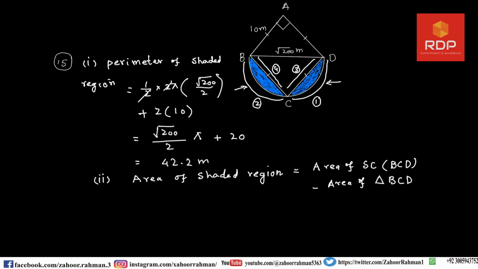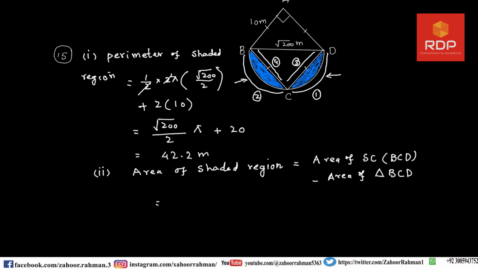So we have to find first the area of this semicircle, and then we have to find the area of this triangle which is in black. So we have to subtract that area from the semicircle, and that will be the area of the shaded region.